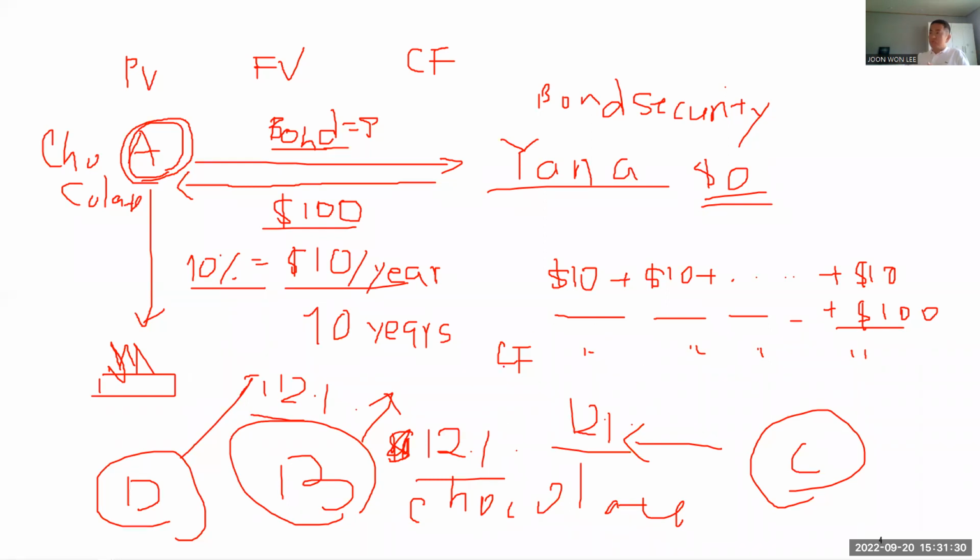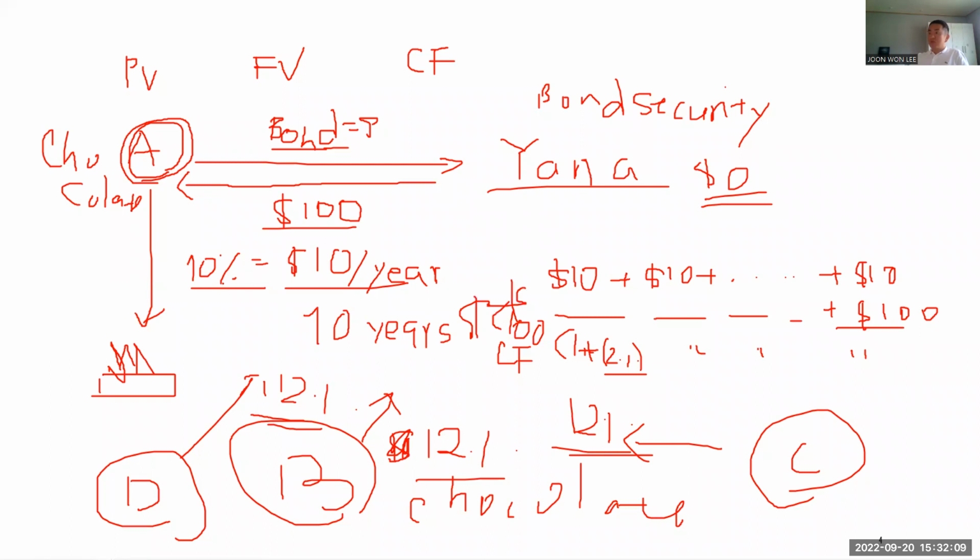So when she makes a valuation of this bond, the discount rate she should use is not 10%, but the 12% market interest rate, right? If you discount this cash flow at 12%, you're going to have an amount less than $100, right?